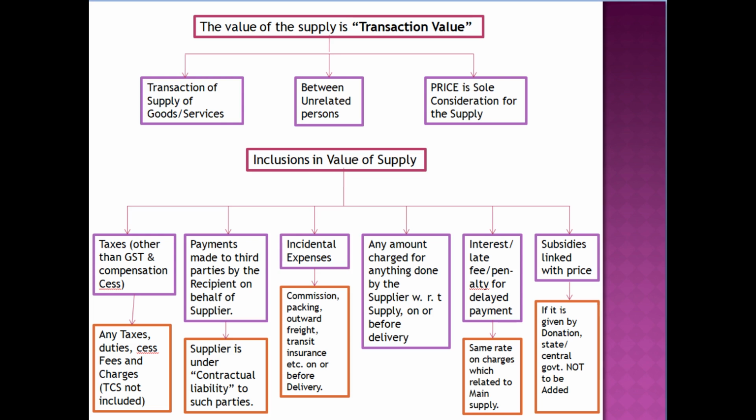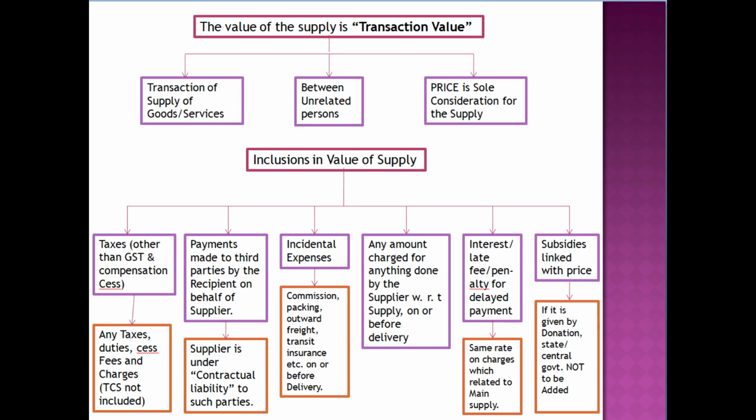And the second point is that the amount paid by the recipient to third parties on behalf of the supplier will be added to the value of supply, but this is added only when the supplier is under contractual liability to make payment to third parties, and also the payment is related to such supply.